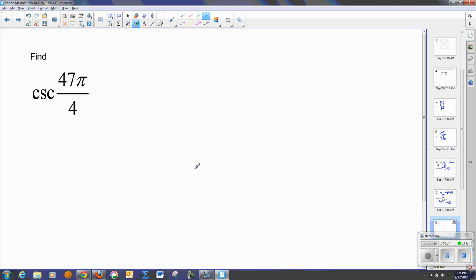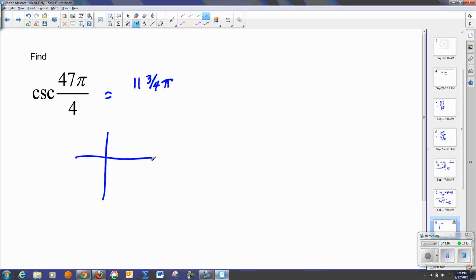We're going to find the cosecant of 47 pi over 4. Again, we're going to convert this to, let's see, 11 3/4 pi. So again, where am I?